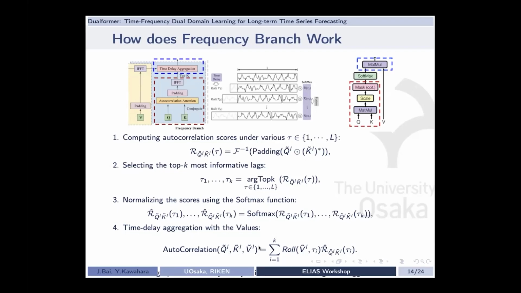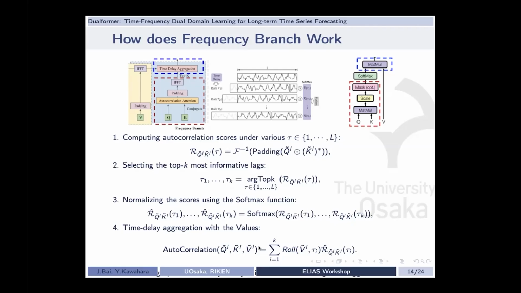After that, we simply select the top K most informative lags, tau 1 to tau K. Then we normalize those autocorrelation scores to probabilities using the softmax function.